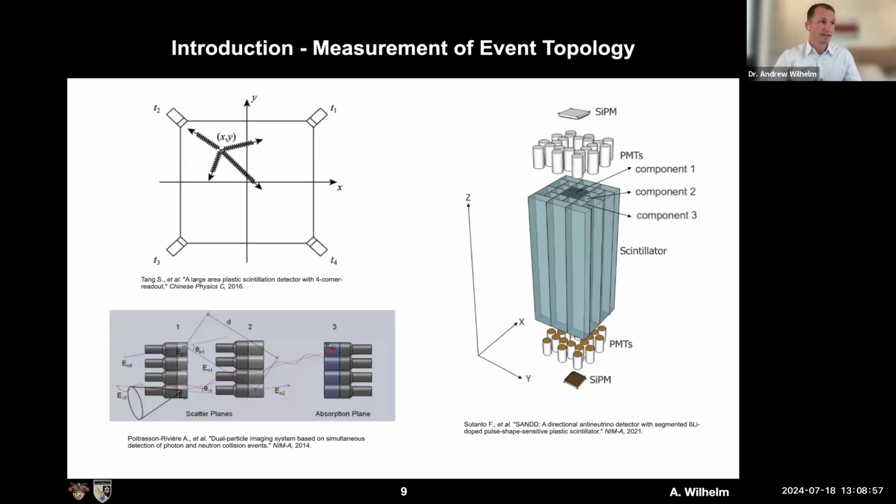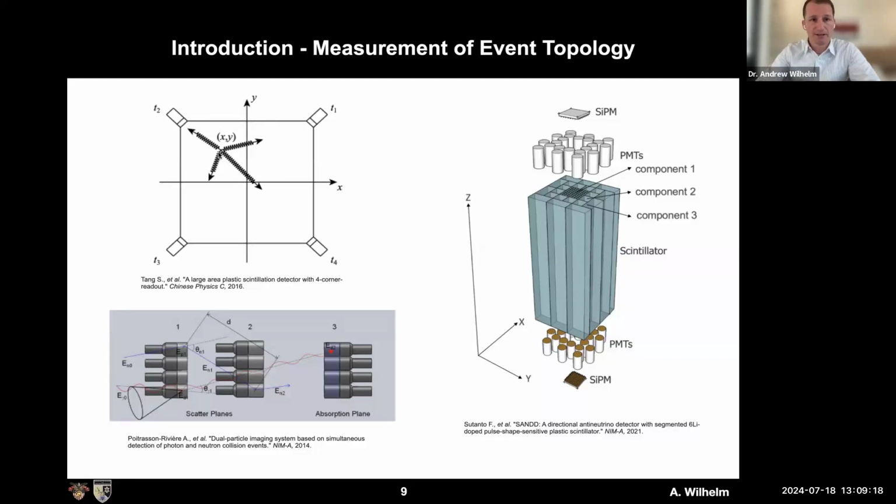So there are ways of getting event topology from transparent scintillators. There are several. I've highlighted a couple here, but this isn't meant to be a comprehensive list. One of the ways is by using timing information. Here in the upper left, you can see a plastic slab scintillation detector.